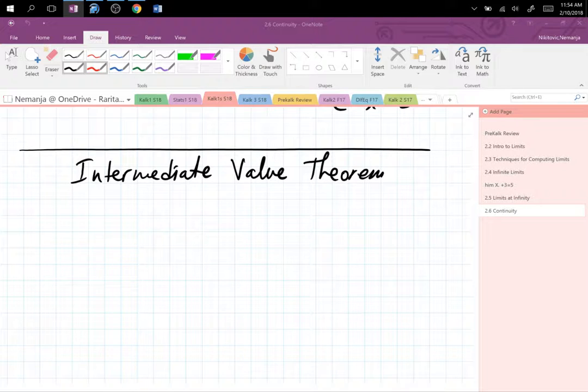All right, so the theorem, maybe put it in purple.